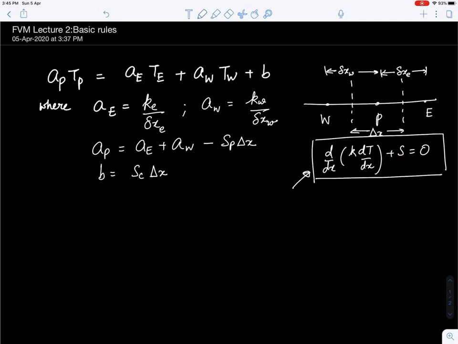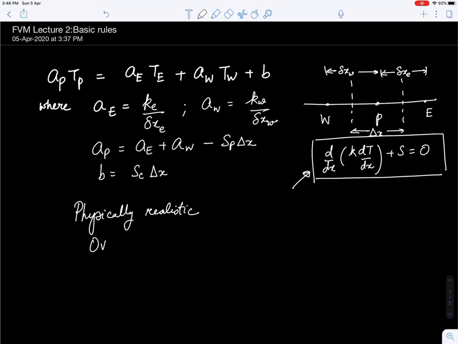So if you remember, in the last class we spoke about two important aspects. We spoke about that we need solutions to be physically realistic. So essentially, when we solve our discretization equation, we need solutions which are physically realistic.